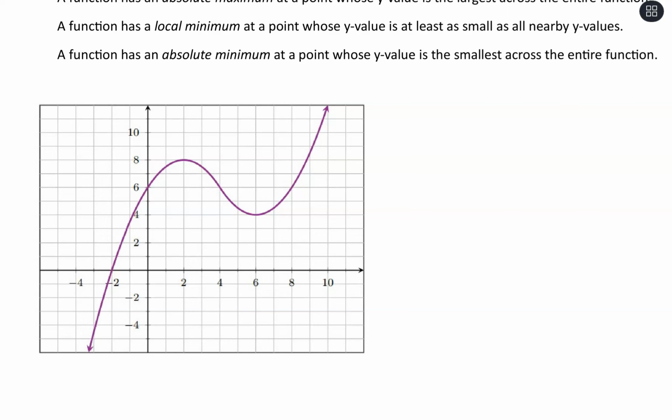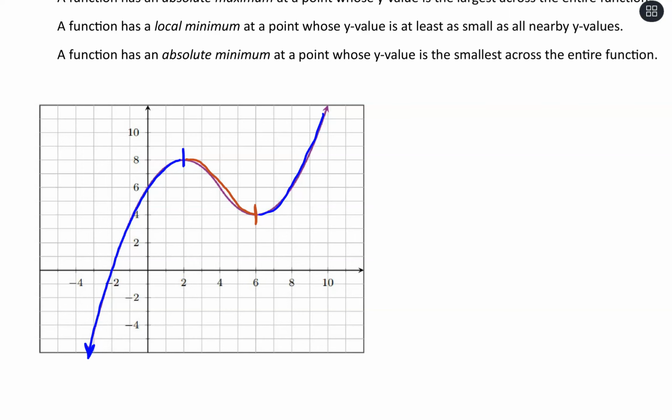Reading left to right, I'll start with this arrow down here in the lower left, and if I'm traveling along this, I'm going upward and upward and upward until I hit that peak right there. After that peak, my y values start decreasing, decreasing, decreasing, decreasing until they hit a lowest point there. And then I switch back to increasing and increasing.